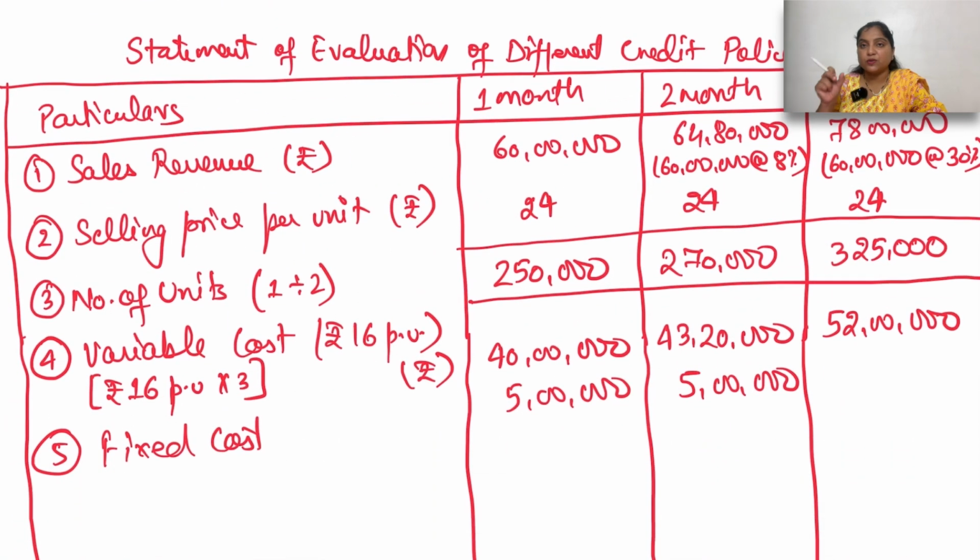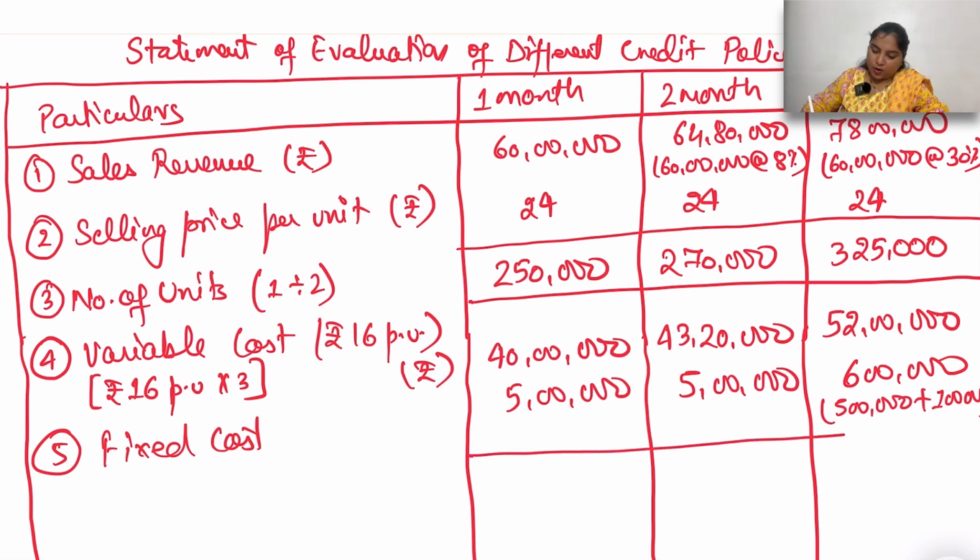So it's very important to focus on above 25%. In the third case we have 30%, so here the fixed cost will be 6 lakh: 5 lakh plus an increase of 1 lakh per annum. Satisfied?